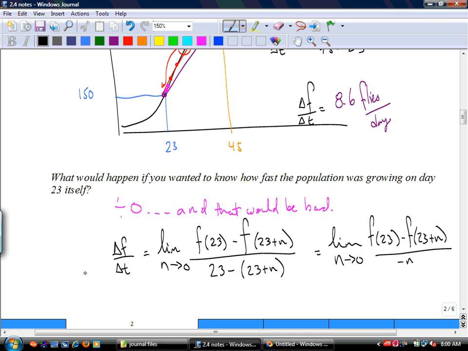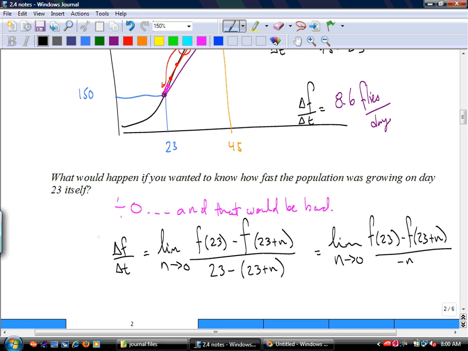Because the 23s are going to cancel. Now, can we do any algebra from here? Can we substitute 0 in for n? No. We're going to actually need to create a formula that will represent the number of fruit flies at any time, and then we're going to do some algebra. But what I want you to do is get that intuitive idea of what we're doing.